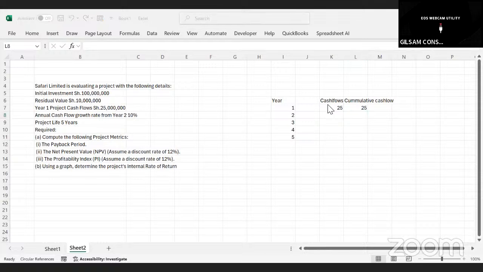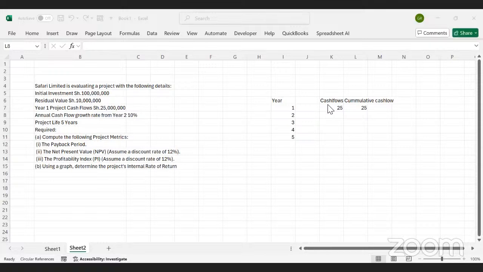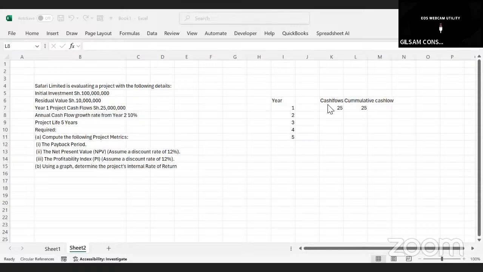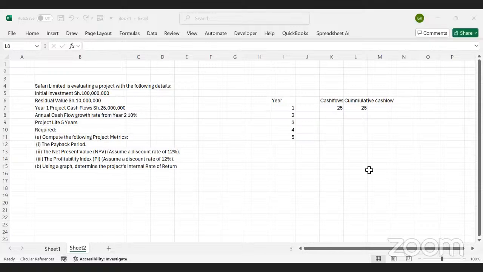Will it be constant throughout the years? So with this examiner, you have to reason. They have given a growth of 10%.